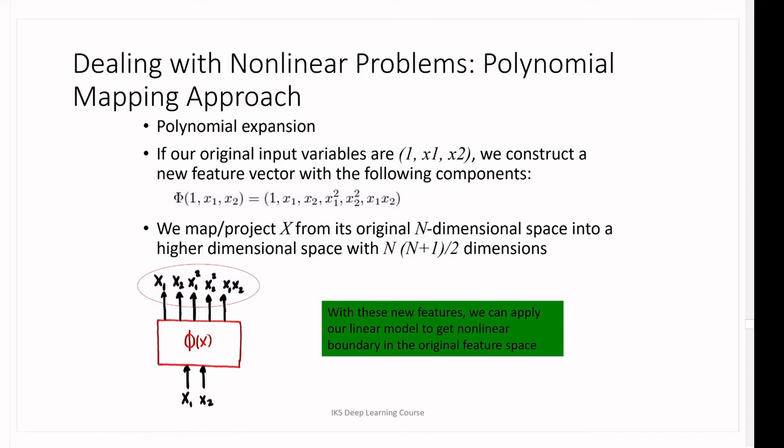With these three input variables, we construct a new set of features, and let those new features be 1, x1, x2, x1 square, x2 square, and x1 x2.